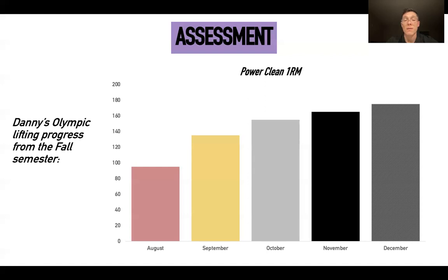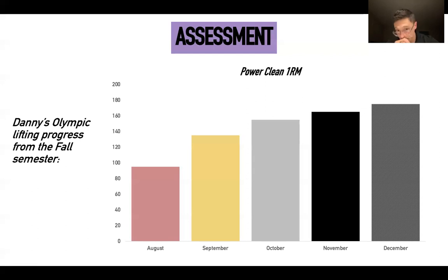And after about a month of working with some of these interventions and working in some of these techniques for technique development and motor skill acquisition, he skyrocketed up to 135 pounds. So he went from 95 pounds to 135 pounds in just 1 month, which is really, really good progress.